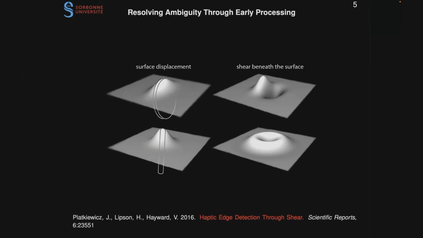And what we have shown in the paper is that it is robust to uncertainty in the same manner as early vision edge detection is to illumination and scale. But here there is no notion of scale.